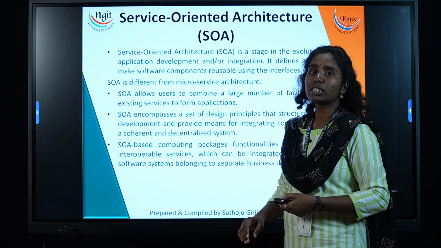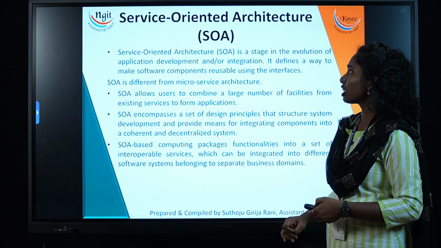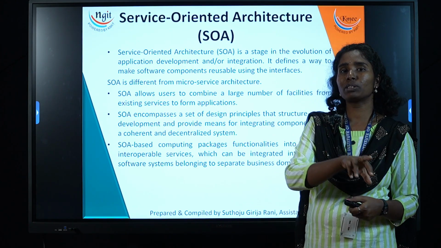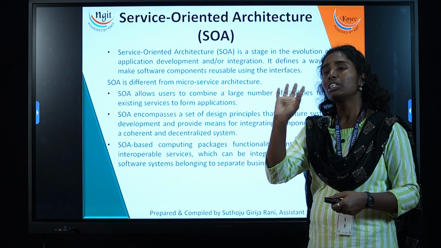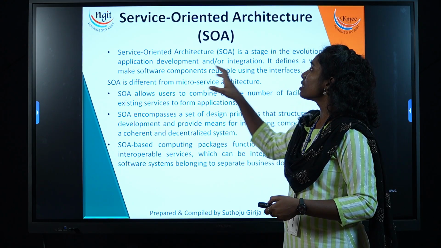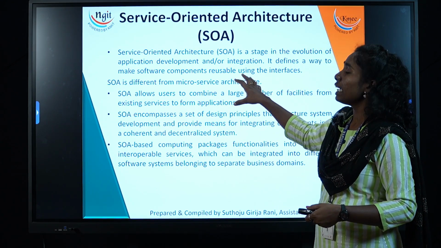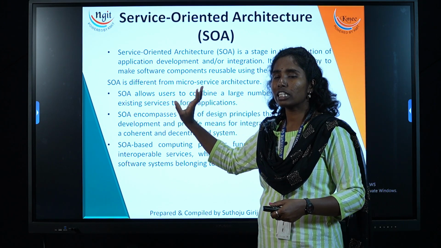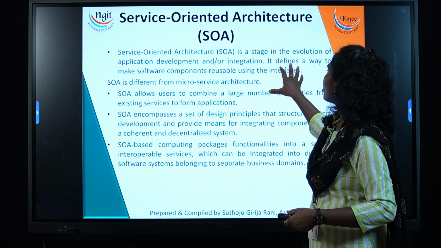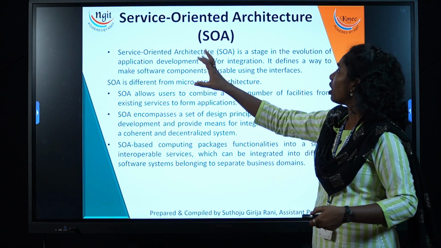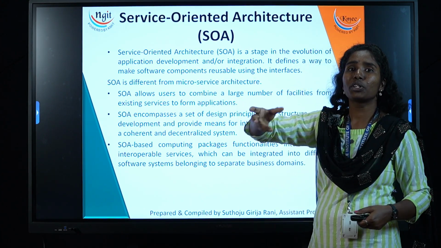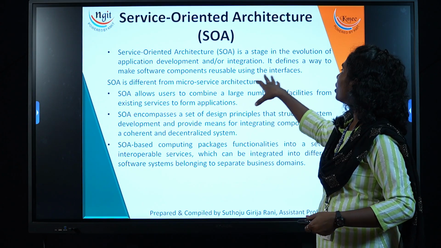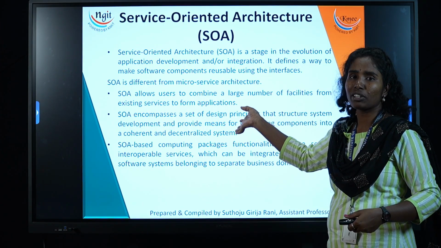Now SOA is a service-oriented architecture. We should not confuse it with the Simple Object Access Protocol, which is with respect to web services. SOA is with respect to integration processes. Integration means that if we have a particular piece of software, we reuse its components to get a new interface.